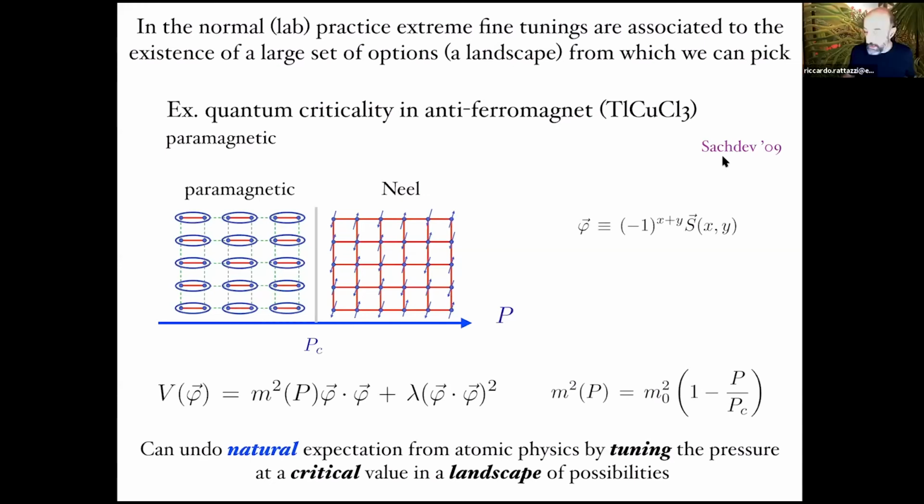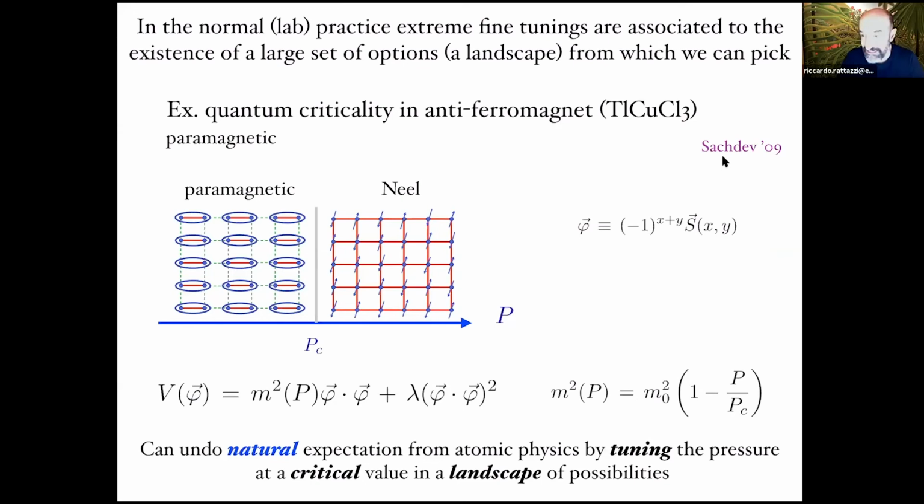You're right. We don't know. If there is no landscape, if there is only one possibility, then it seems like in all the examples we see, like the pion mass or condensed matter systems, when there is no landscape, there's no cancellation.